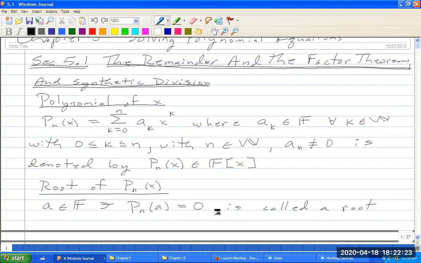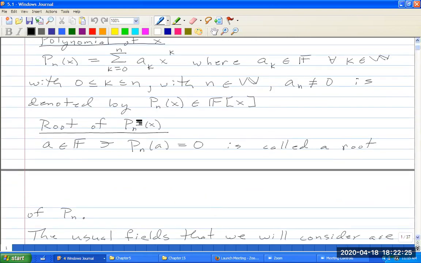Roots of your polynomial. Let A be a member of your field such that the polynomial at A is 0. Then we call A a root of your polynomial.